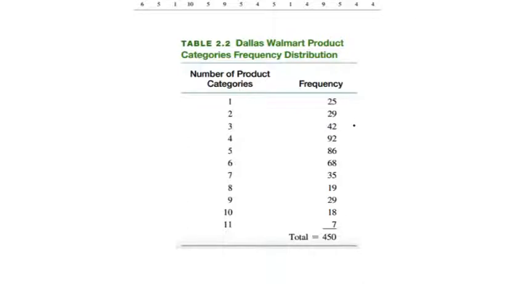And when I have it like this, it's easier to see which number of product categories was most common. The largest frequency here is 92, and so that means 4 was the most common number of product categories, followed closely by 5.